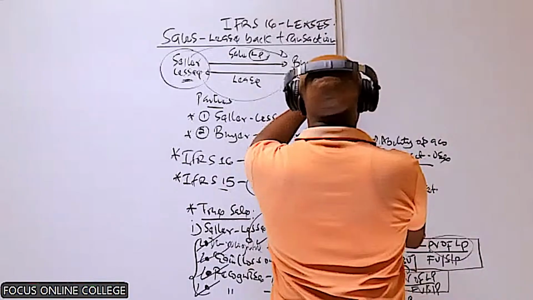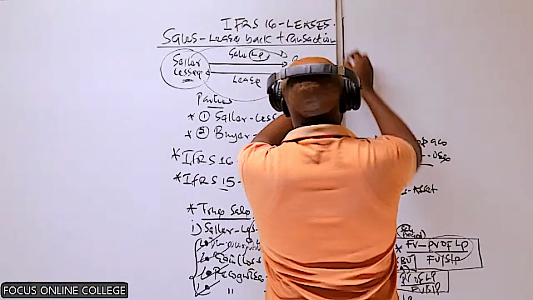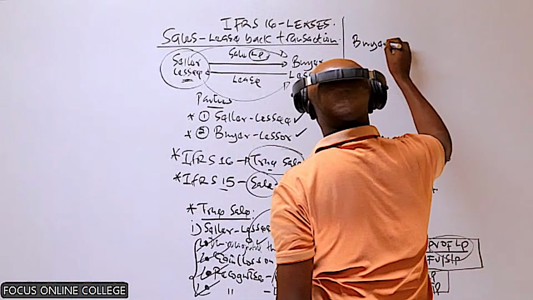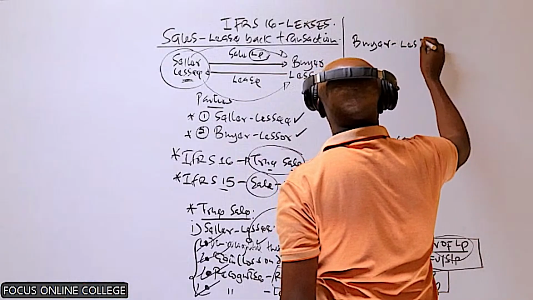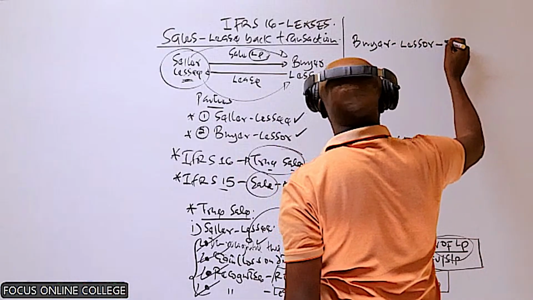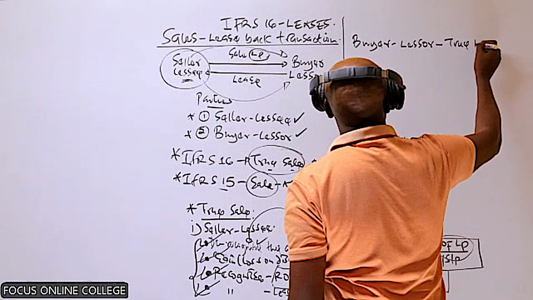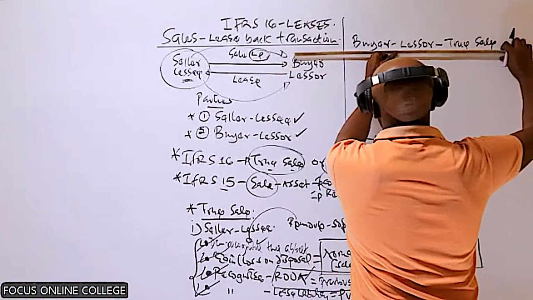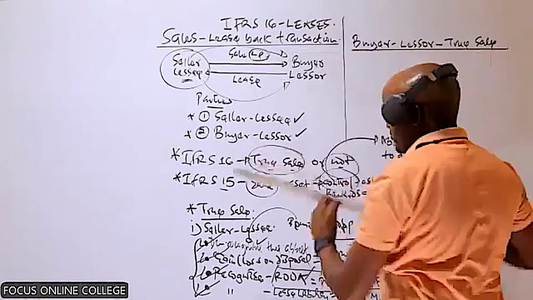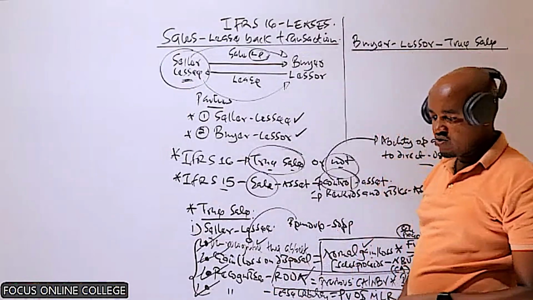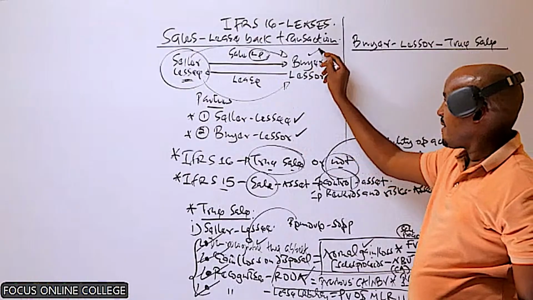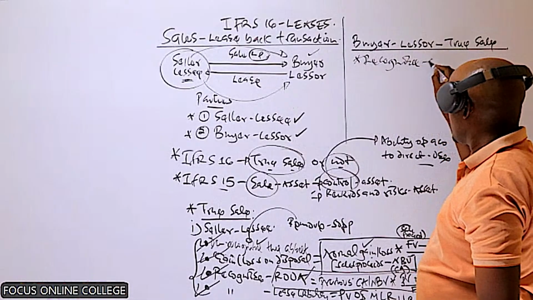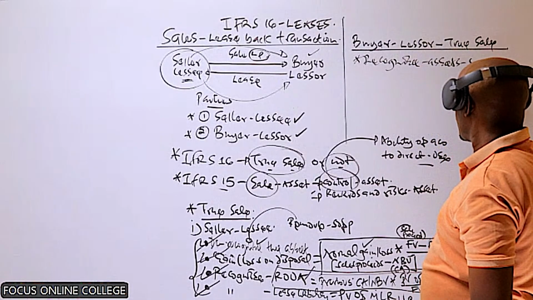So then let's move and look at how this company here, that is the buyer, should account for this transaction if it is a true sale. If it is a true sale, it means that this company, number one, should recognize the asset in its statement of financial position.